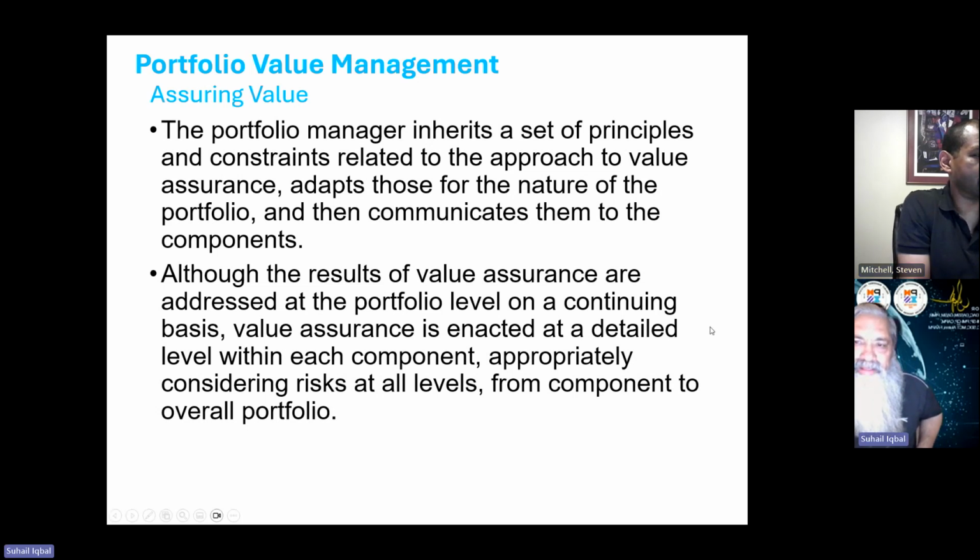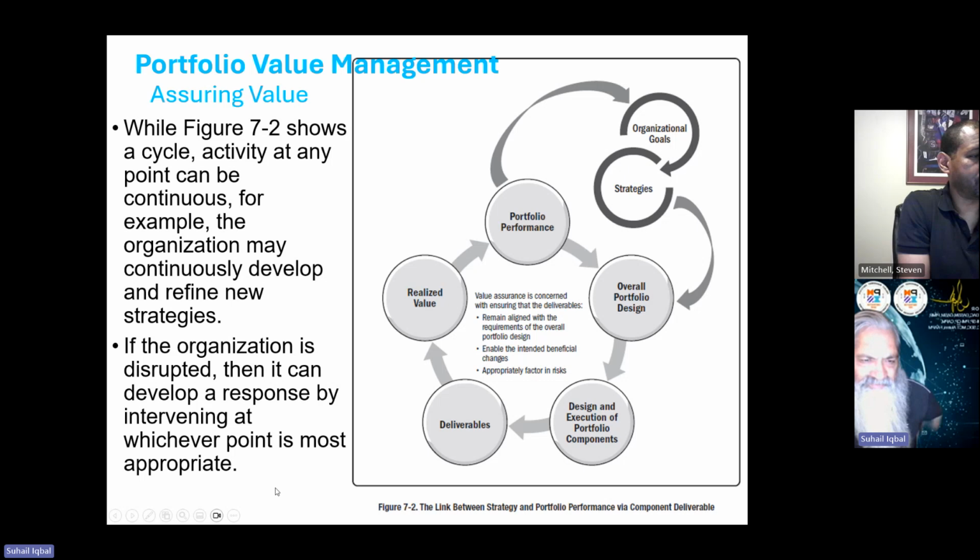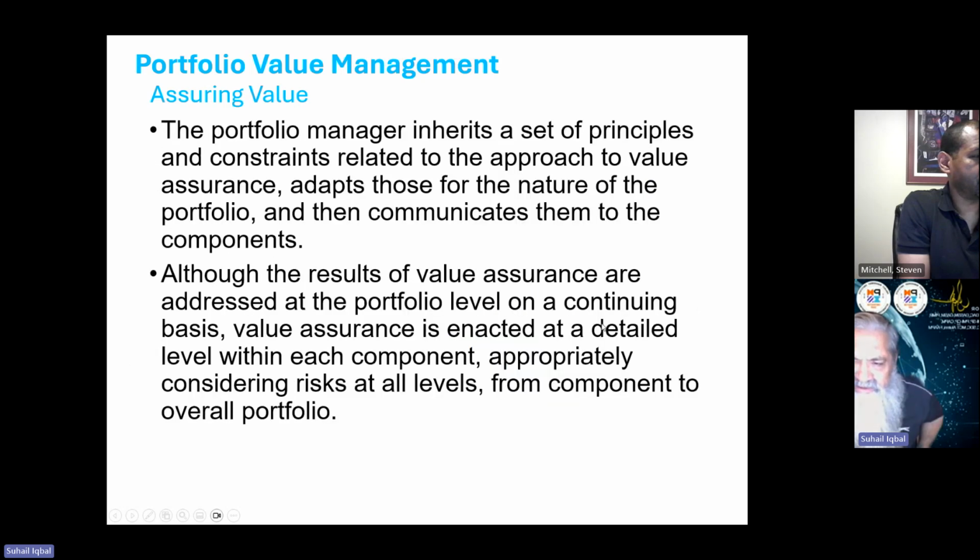In the previous slide, where I was talking about the tentacles, where was the point? I can't find it.